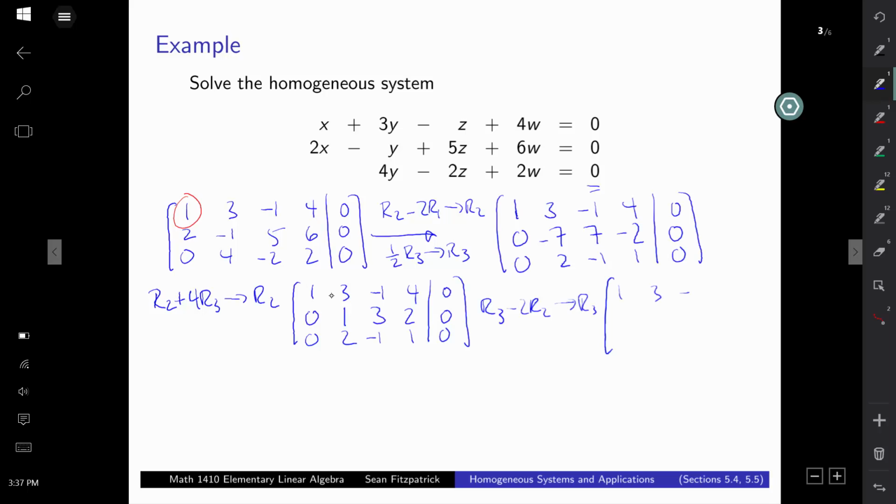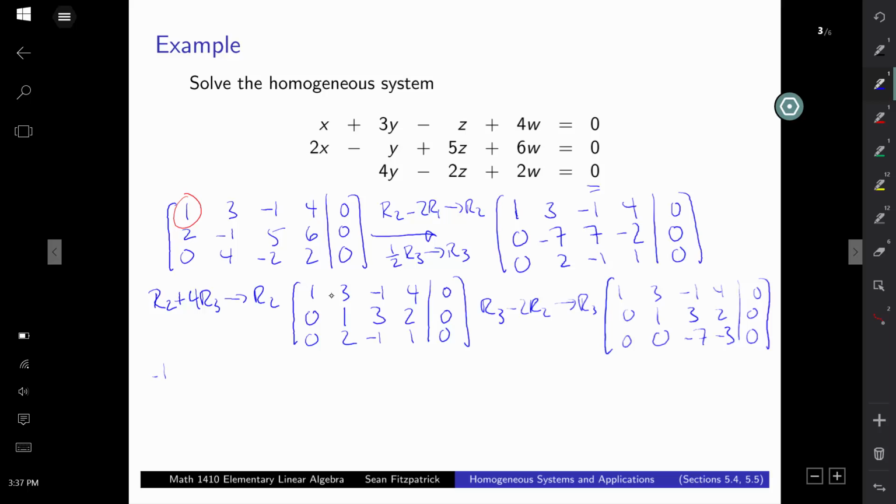1, 3, -1, 4, 0, 0, 1, 3, 2, 0, 0, 0. -1 minus 6 is -7. 1 minus 4 is -3, 0. And, well, we knew we couldn't avoid fractions forever. So let's see, what do we got to do now?